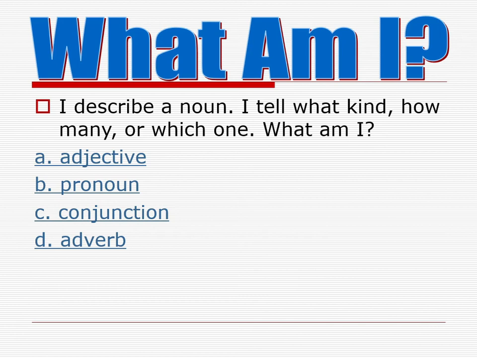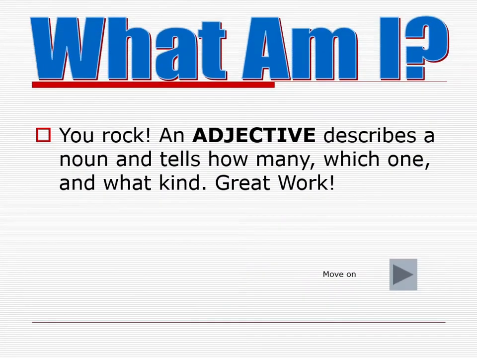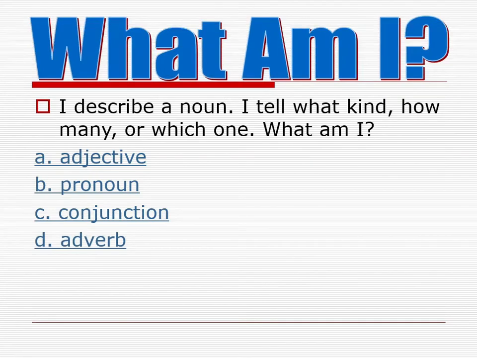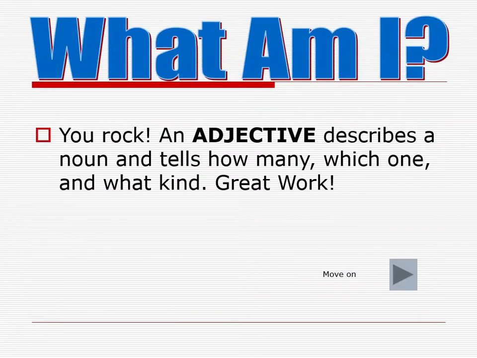So it describes a noun. I tell what kind, how many, or which one. So the option is adjective, because it describes a noun, like pink jacket, green jacket, big house. Adjective, you rock. An adjective describes a noun and tells how many, which one, and what kind.